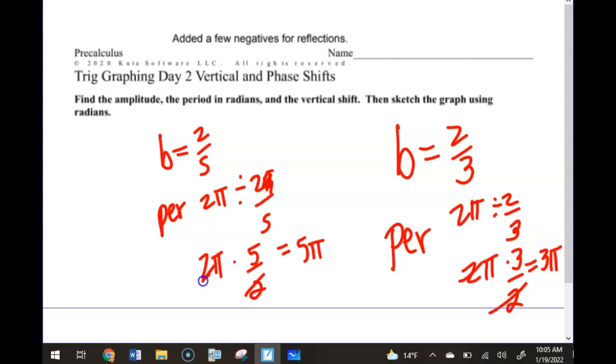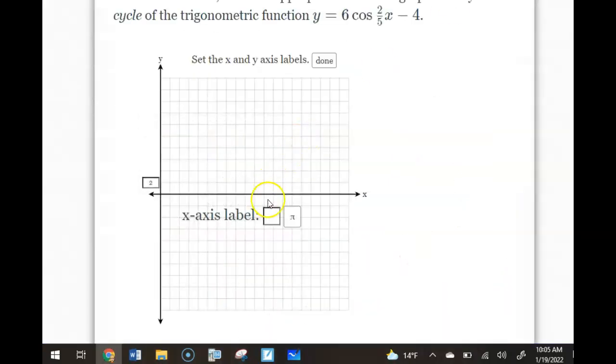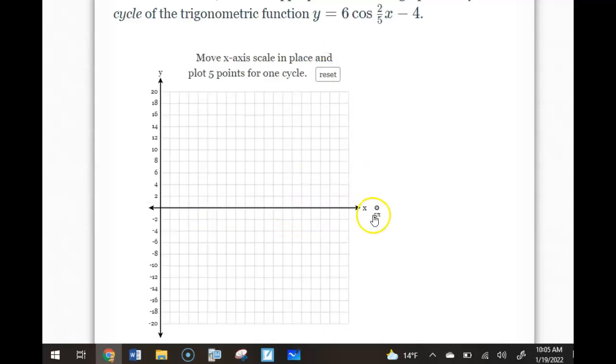Now, I would say count by 5 pi over 4 for the quarter points, but I'll show you the way they do it. They just do 5 pi, and then you say done, but you want to drag this to the end, because you're going to say, I'm going to finish at 5 pi, okay? Now, a cosine starts at the maximum.